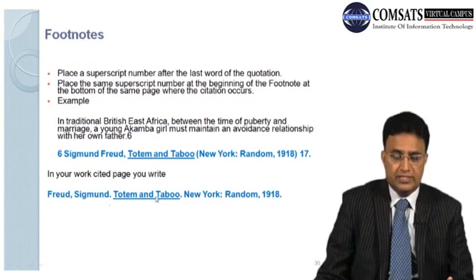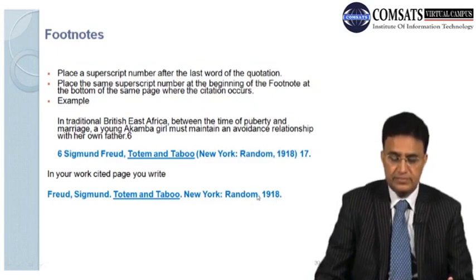It is the same in both cases, but it is followed by a full stop here in works cited, whereas in the footnote there wasn't any punctuation mark. Then this is the place of publication, but before that you see that it was in parentheses. In the works cited page or bibliography, it is without the brackets here, and colon, and the publisher Random, and comma, and 1918 full stop, and you don't give the page number here. That is footnote.